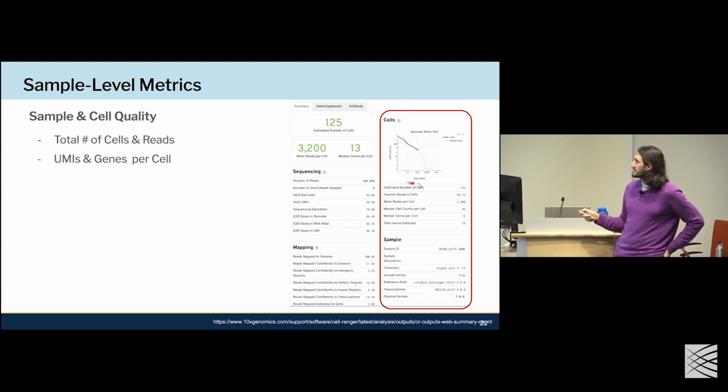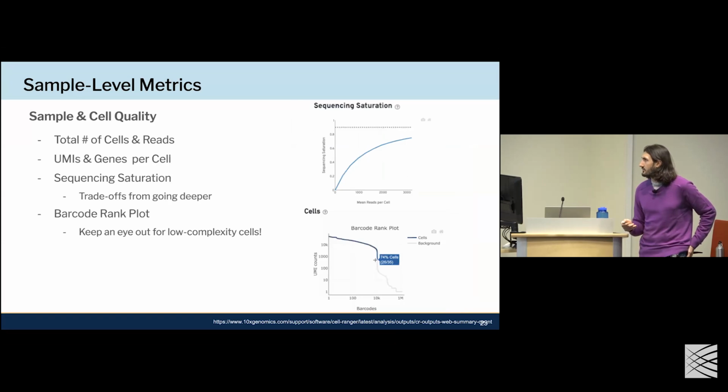But this basically determines the estimated number of cells, the number of reads that ended up in a cell, and some statistics on how many molecules and how many genes were detected per cell, et cetera. I really like to look at the sequencing saturation and at the barcode rank plot. The sequencing saturation is this top plot, where we have the mean reads per cell and the sequencing saturation on the y-axis, meaning that as we sequence deeper and deeper, the likelihood that we're going to find new genes gets lower and lower.